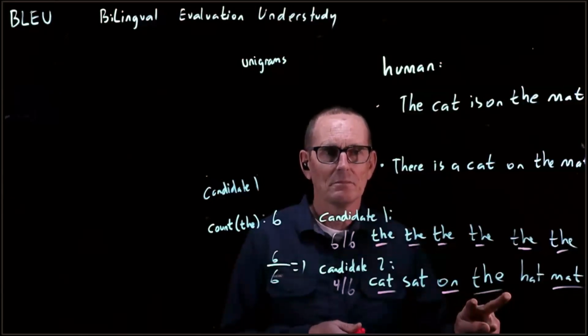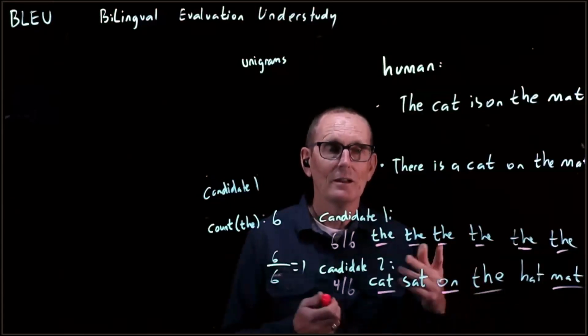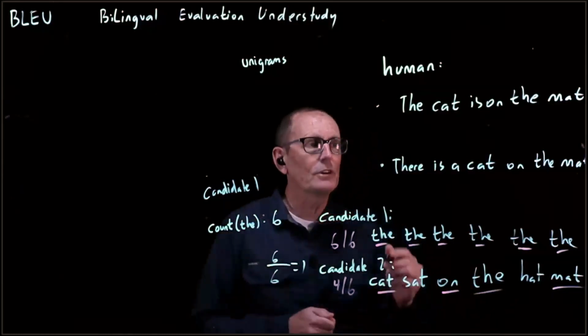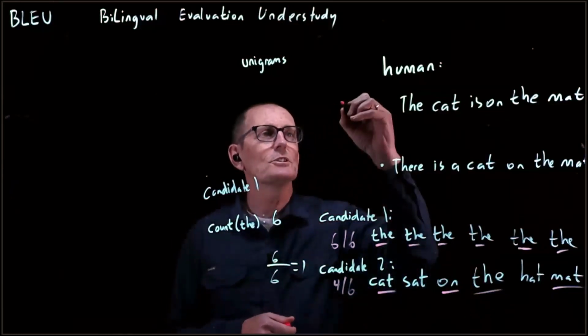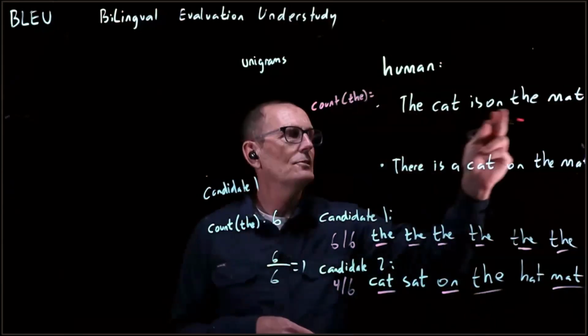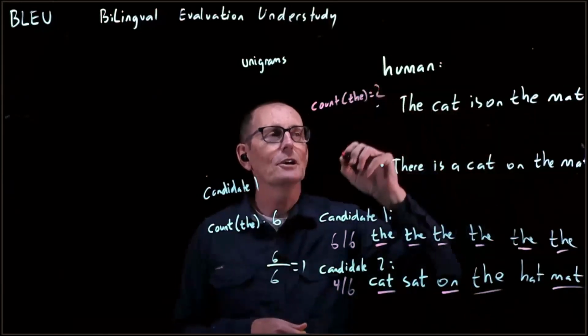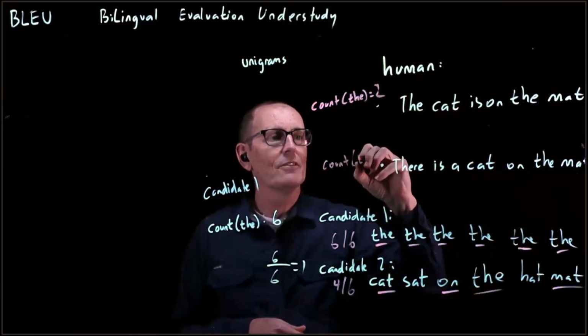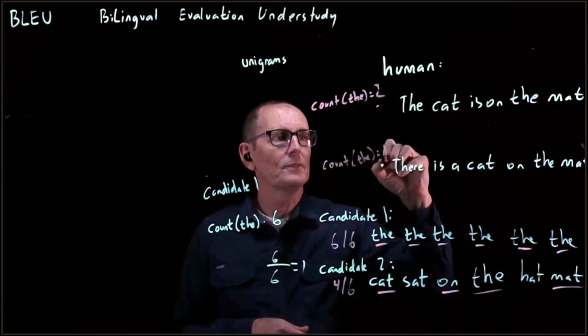Oh, I guess the number of thes in the first one exceeds the number of thes in the human translation. Exactly. So how many thes in the first human translation? 1. Oh, 2. Okay, 2. Good. You were worrying me for a second there. And the count of thes in the second one is 1.